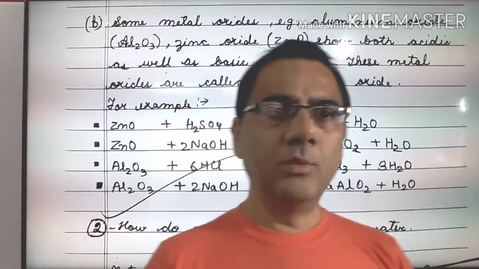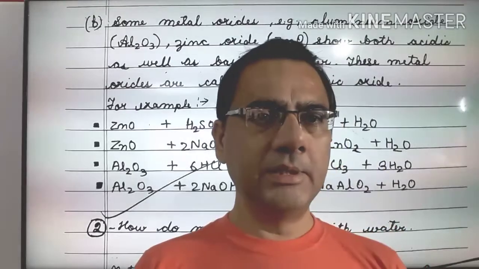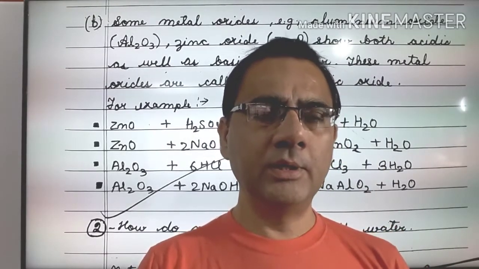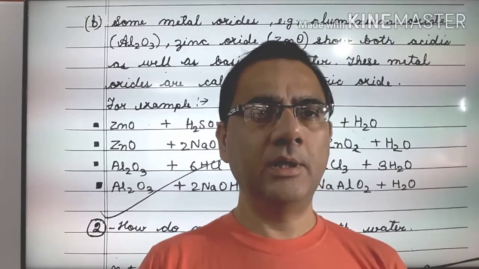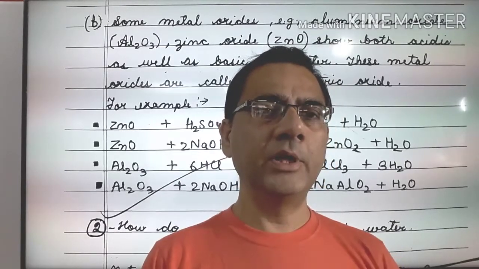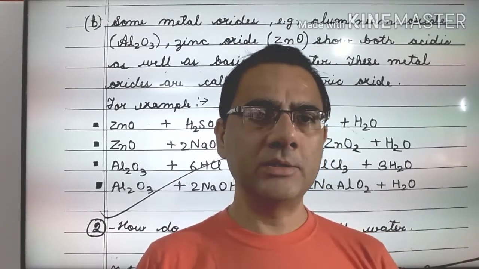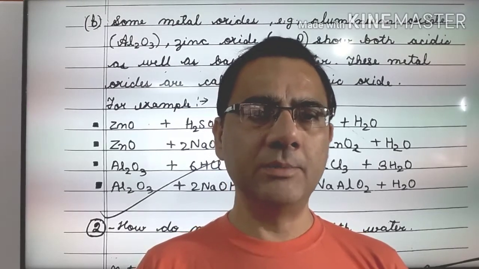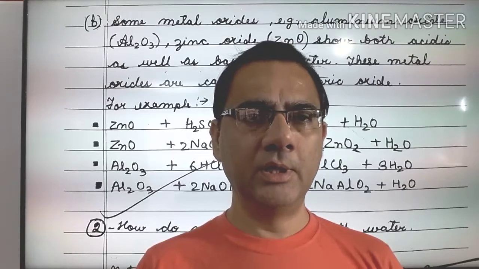just now I told you that most of the metal oxides are basic in nature, but two metal oxides I am showing here are amphoteric in nature. And what is the meaning of amphoteric? Amphoteric means those types of metal oxides which show the acidic property as well as the basic property. They show dual behavior.